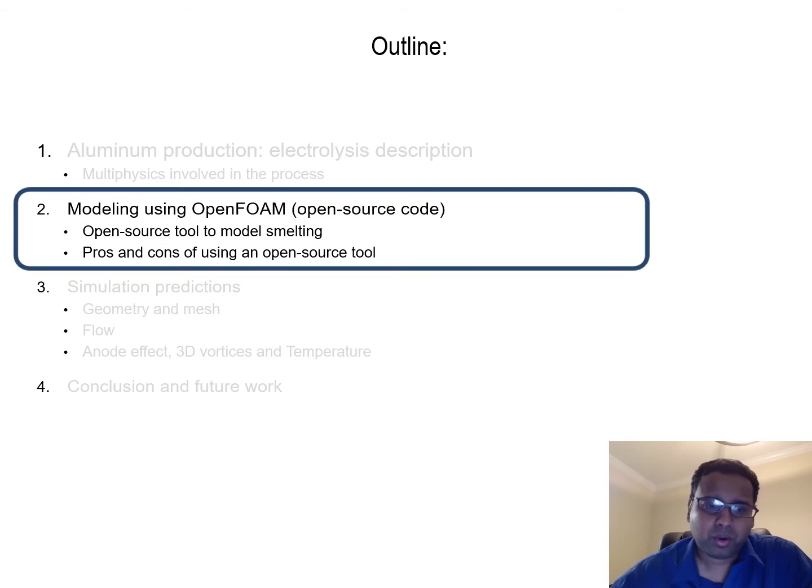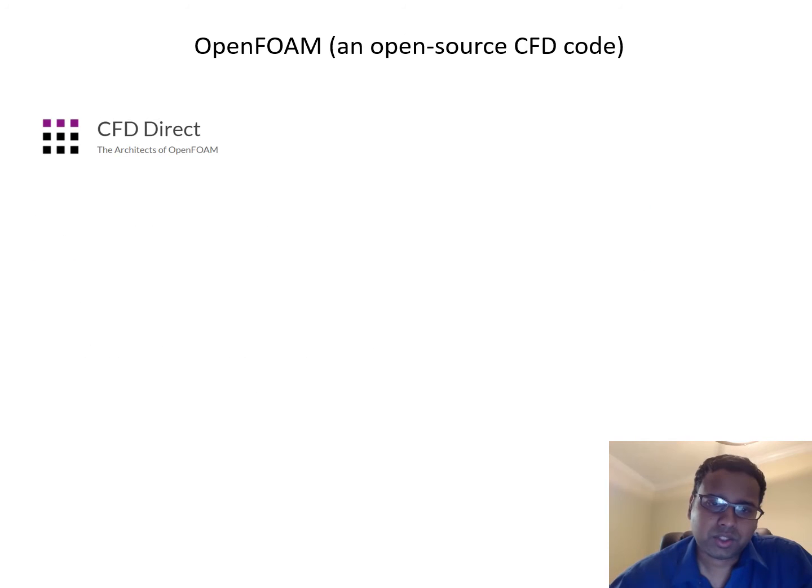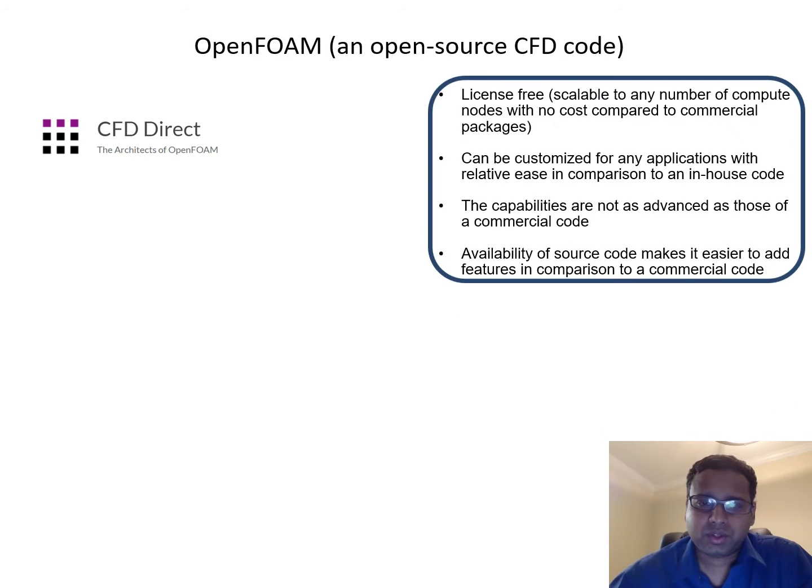Moving on to the modeling using this open source CFD code OpenFOAM. The smelting process is modeled using the open source CFD tool OpenFOAM. Compared to other commercial software, it's license free and it can be scaled to any number of compute nodes with no cost involved.